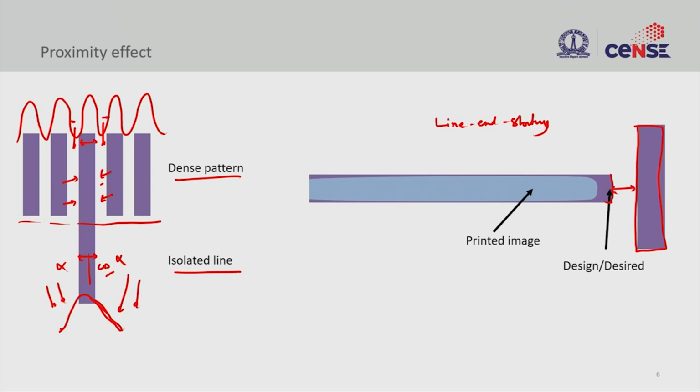When I print this image, what I will get is a shortened line. Instead of having your edge close to this, my line edge will be much smaller. The reason for that again is, you do not have sufficient distance between these two, and inefficiency in getting light through this system makes this line shorten.